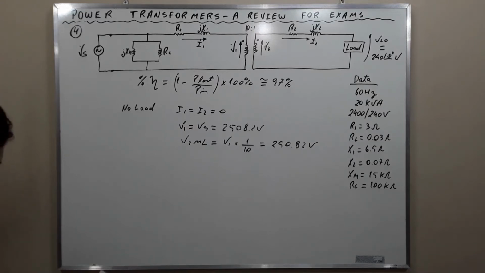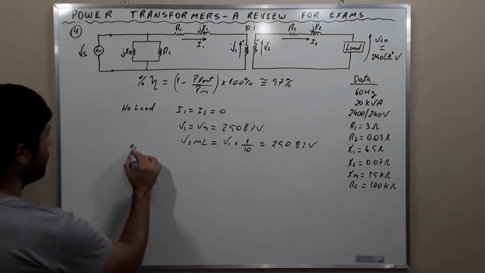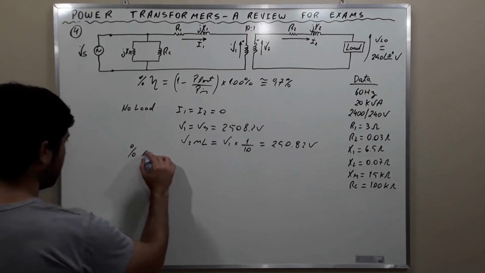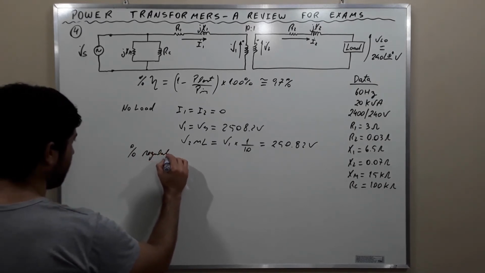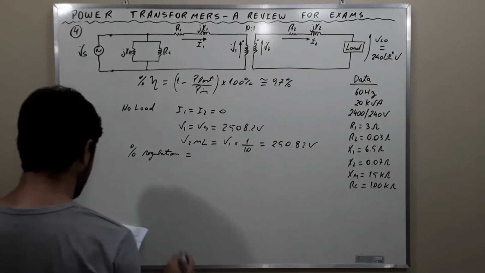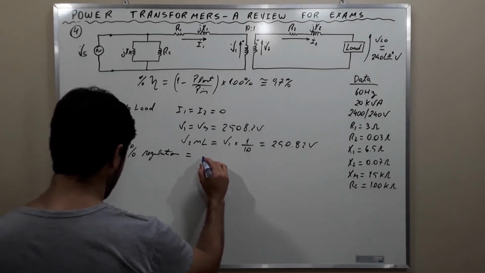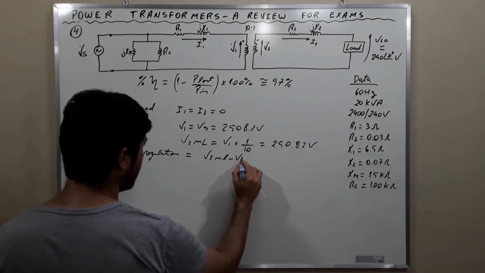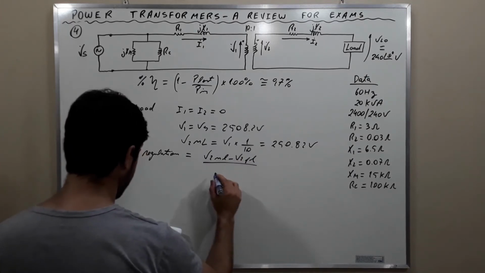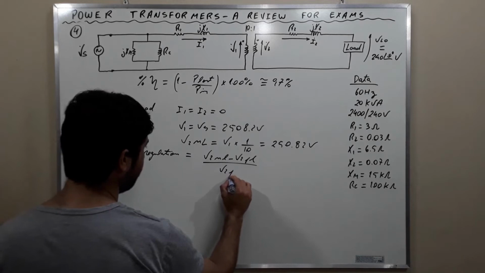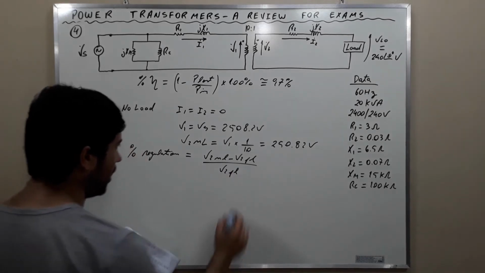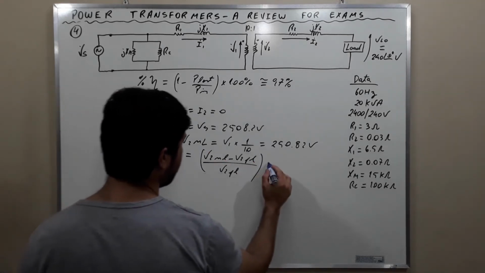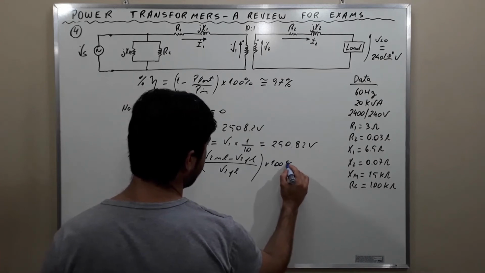And now we calculate the percentage regulation. This is our last result. The percentage regulation is V2 no load minus V2 full load divided by V2 full load times 100%.